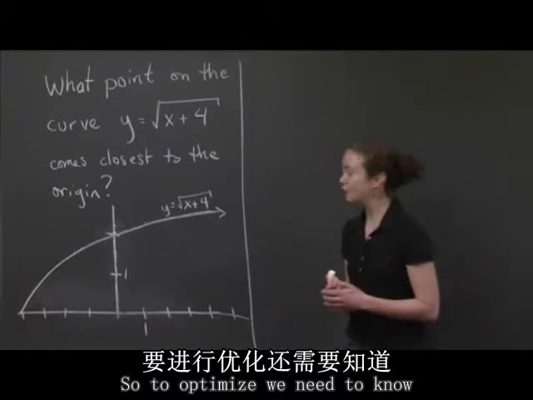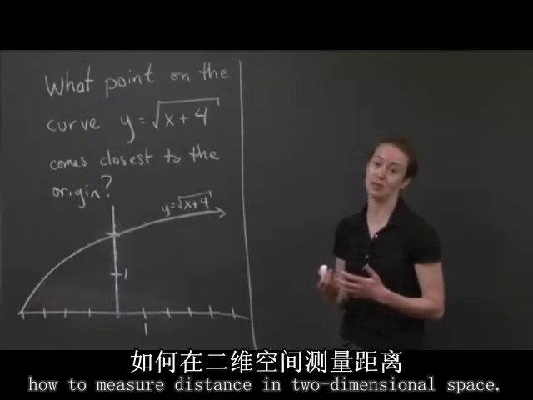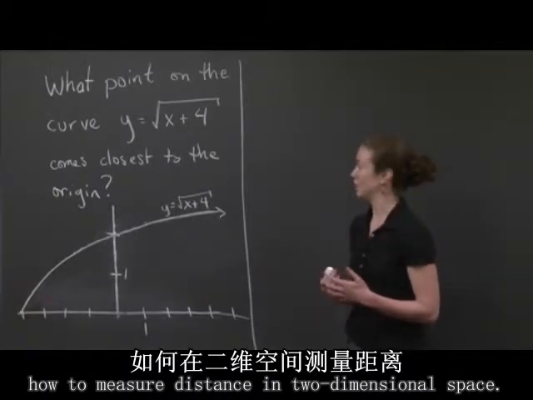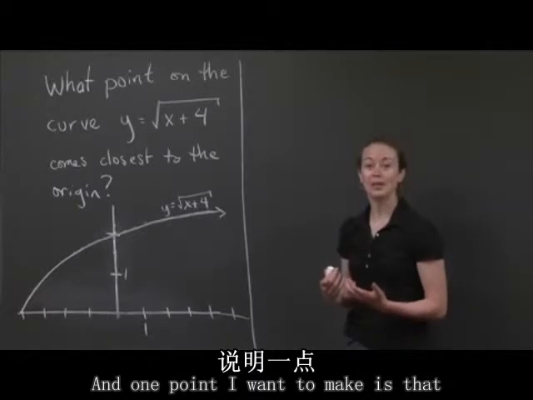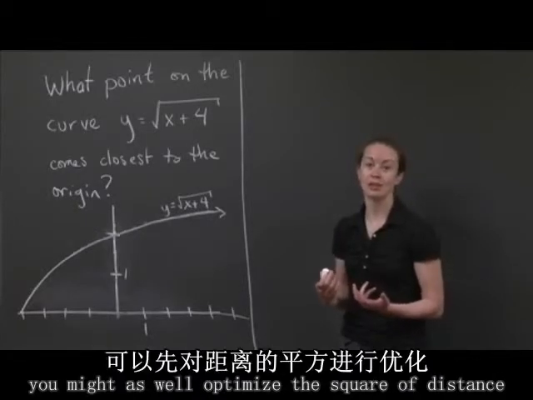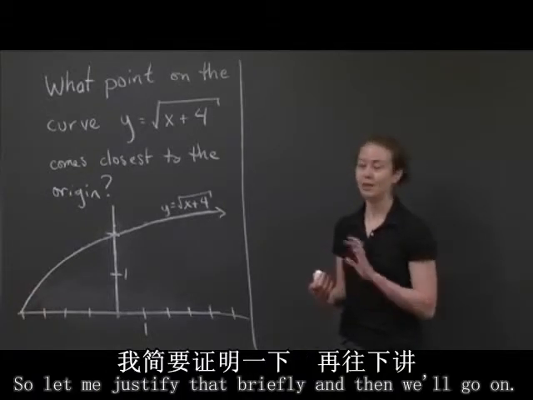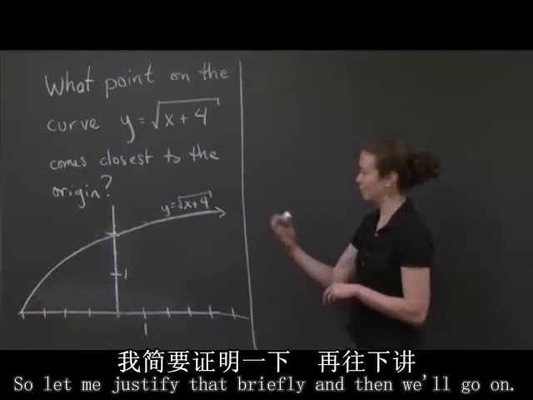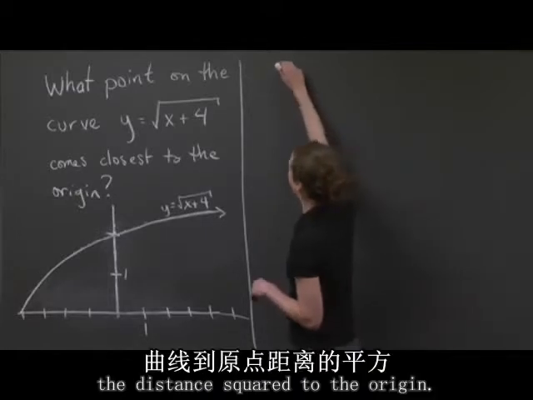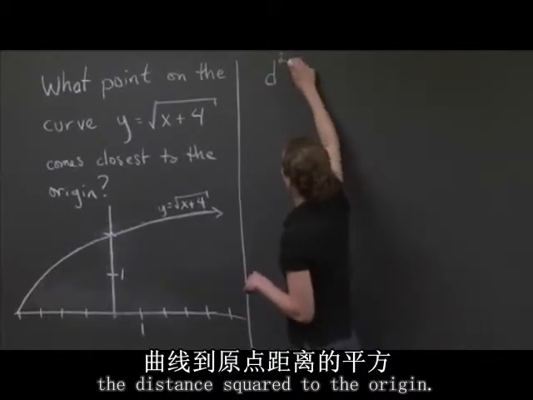To optimize, we need to know how to measure distance in two-dimensional space. One point I want to make is that if you want to optimize distance, you might as well optimize the square of distance because it's much easier. Let me justify that briefly, and then we'll go on. I want to optimize the distance squared to the origin.